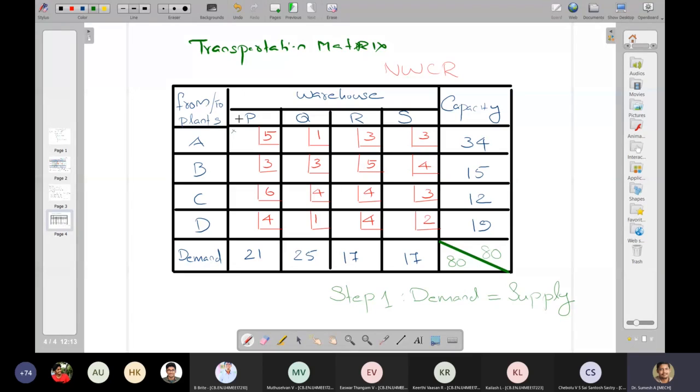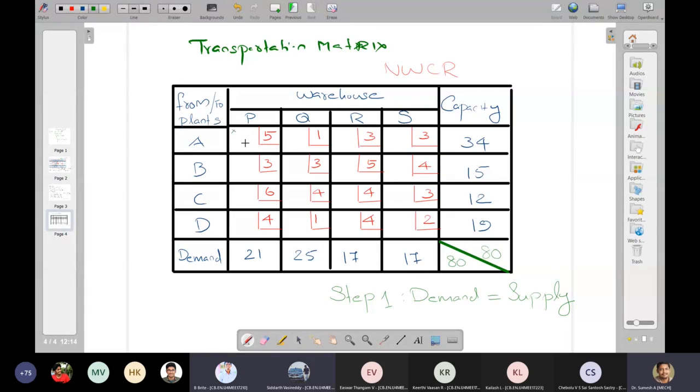So what is the condition of AP? At AP, the demand is 21 and the capacity is 34. Am I right? So how much can I allocate in this column?